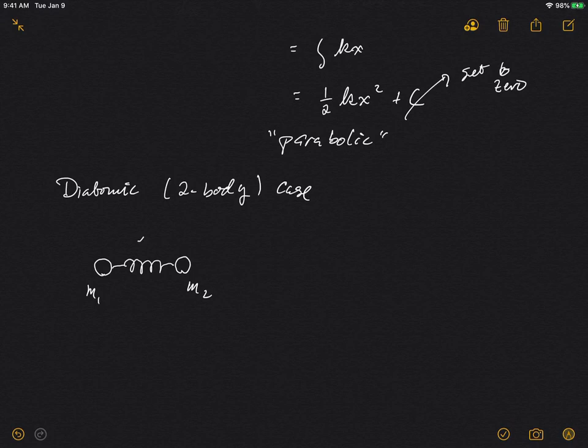And again, there's some spring constant, and there's some equilibrium distance between the two. We'll call that R0. And then we can define x equals R minus R0. So that would be the deviation from the equilibrium displacement of the two masses.